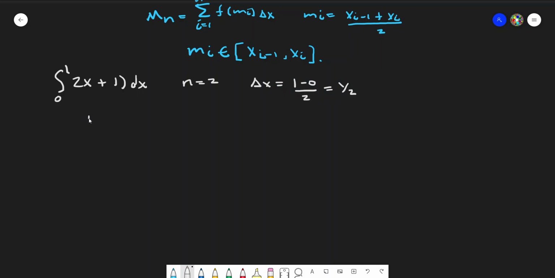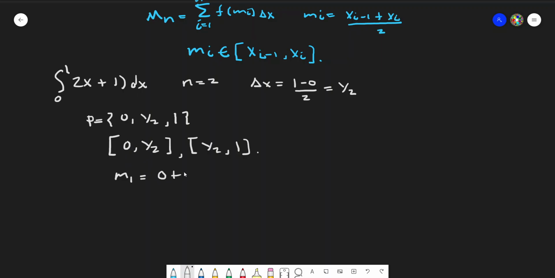Furthermore, your partition of the interval would be 0, 1/2, and 1. So the subintervals are 0 to 1/2, and 1/2 to 1. We need to find the first midpoint, which is the midpoint of 0 and 1/2: 0 plus 1/2 divided by 2, which is 1/4.